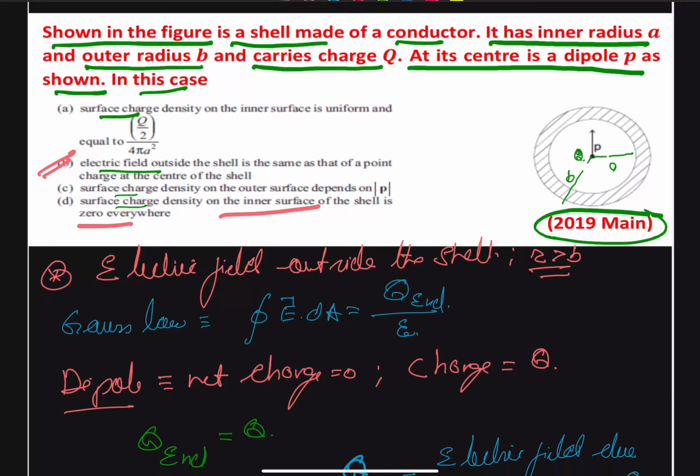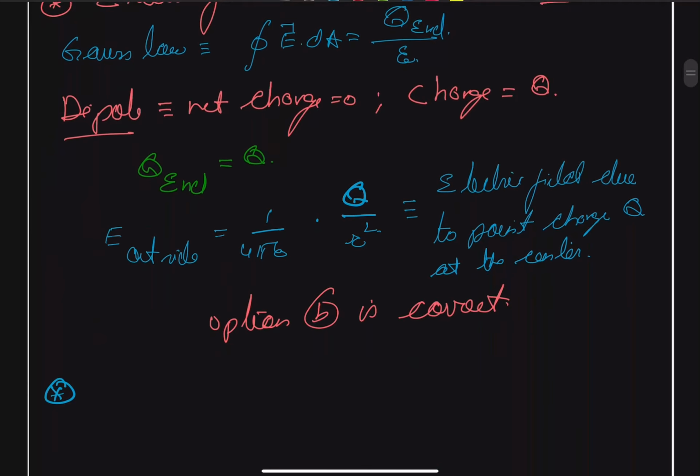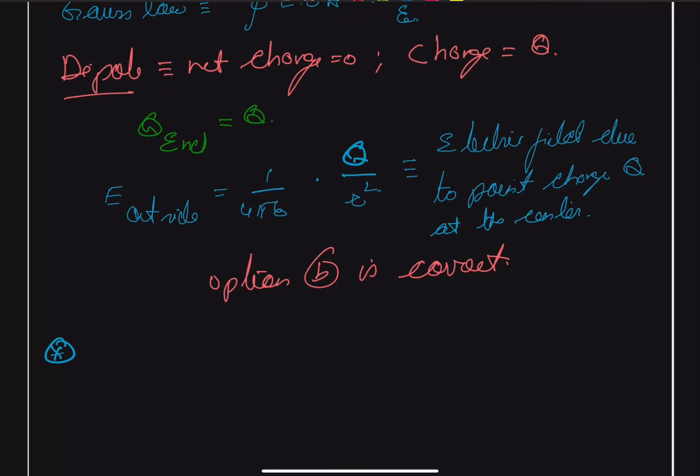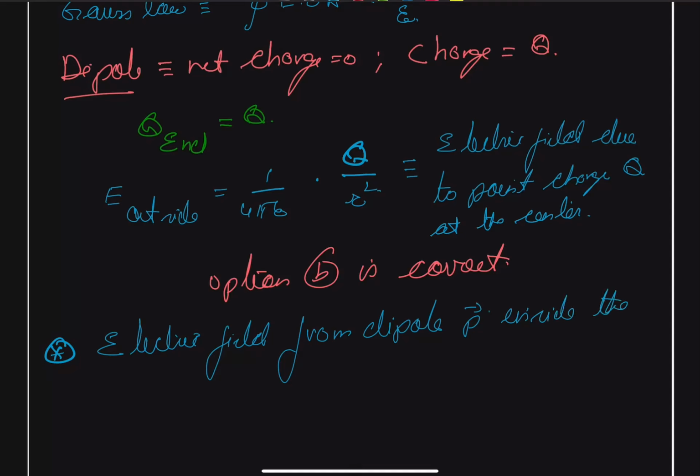So we can say that the electric field from the dipole, which is given as P, inside the conductor, means the radius is greater than A but less than B.